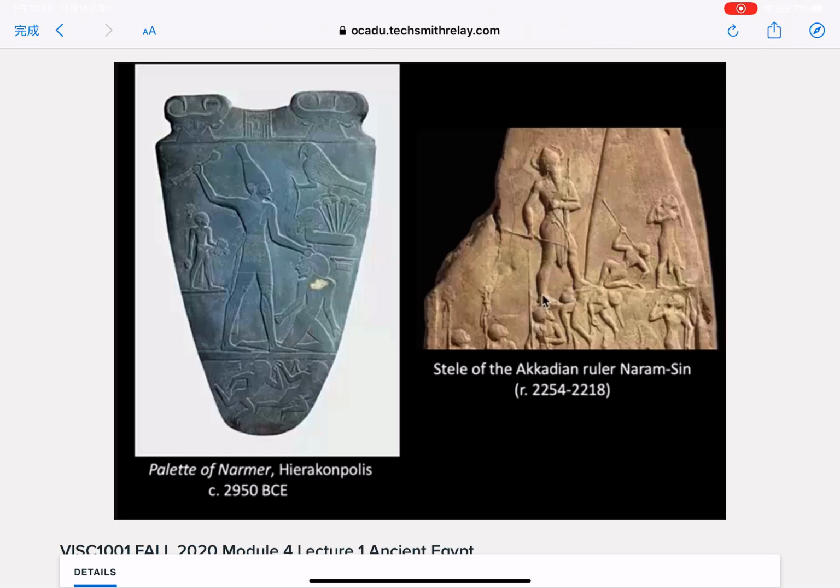But there still would have been intercommunication between these two civilizations. There still would have been trade between the various kingdoms of Mesopotamia and that of ancient Egypt, and so on. And so that relationship is captured in their pictorial vocabulary. Not everything is the same, but they have some shared strategies.